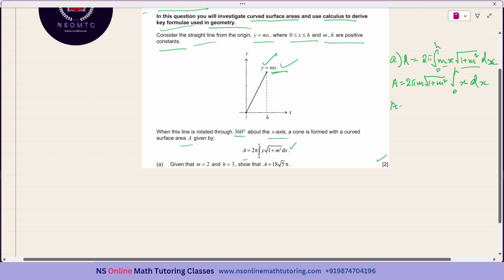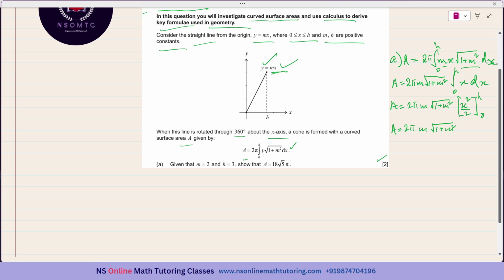So E is 2 pi m square root of 1 plus m squared, and this will be h squared over 2 minus 0 squared over 2. I'm not writing that because 0 squared is 0.